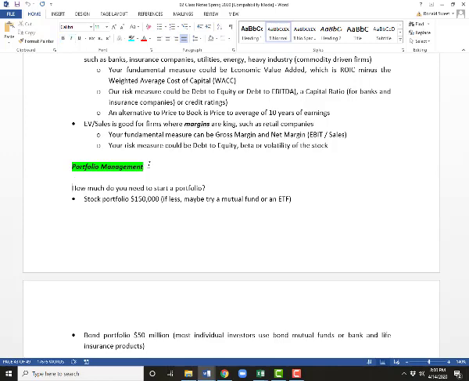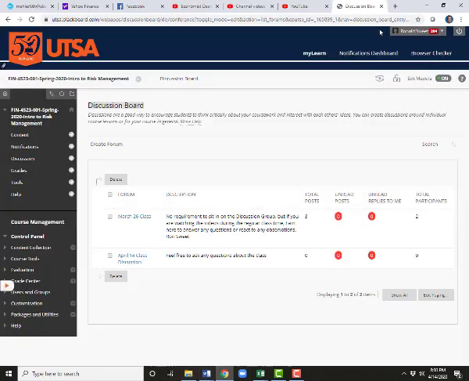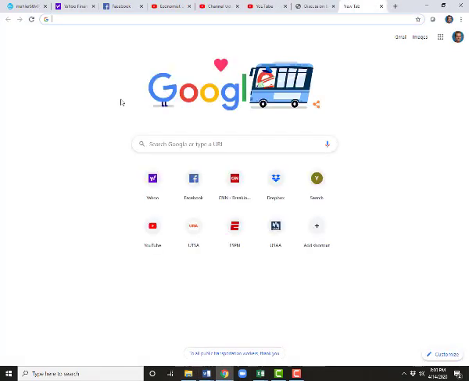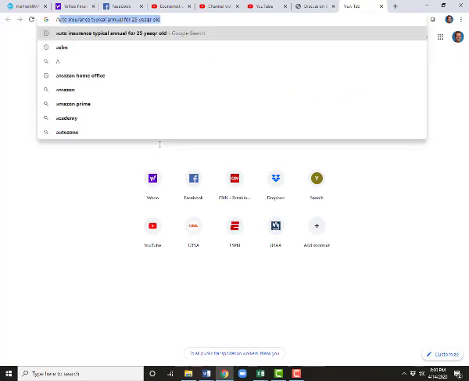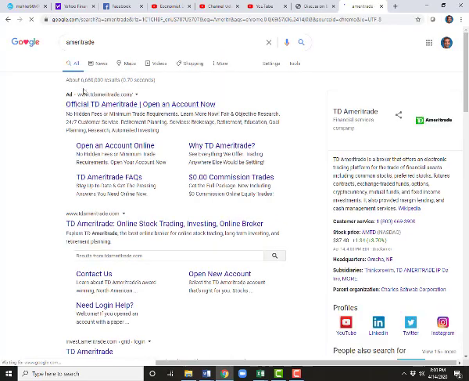So let's walk through this. If you wanted to start an actual portfolio, well, first of all, you need essentially zero for a paper portfolio. That's real important. If you don't have money, there's nothing to stop you from trading. So let's try Ameritrade.